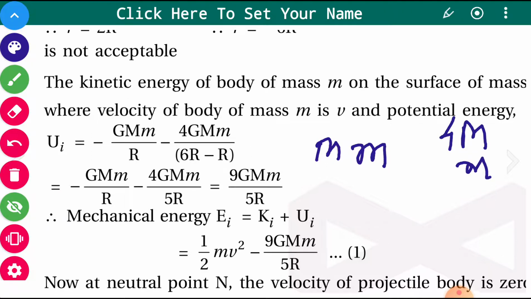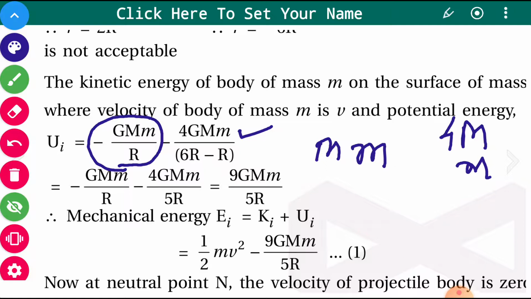So it becomes minus GMm, that is capital M into small m upon the distance, that is r, when the small m object is on the first sphere. And the second will be minus 4GMm upon 6r minus r.